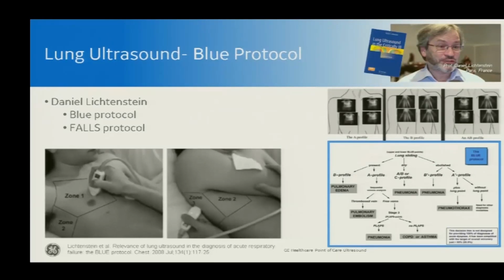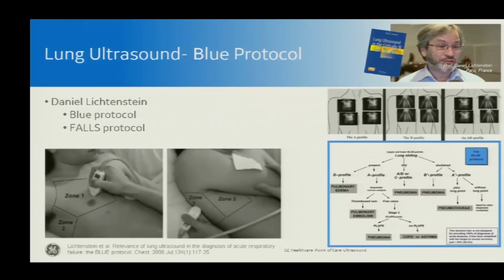If lung sliding is present and you have an A profile, then it could be pulmonary edema, pulmonary embolus, pneumonia, COPD or asthma, depending upon perhaps if they have a thrombus in the leg, which you may or may not see, or they may or may not have time to look for, and other factors.